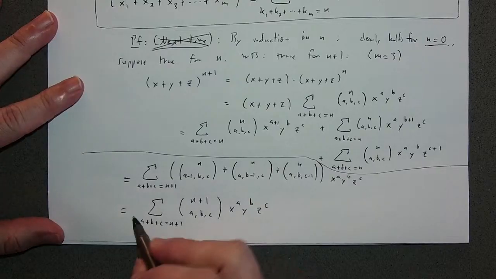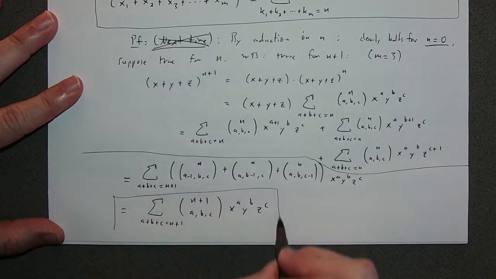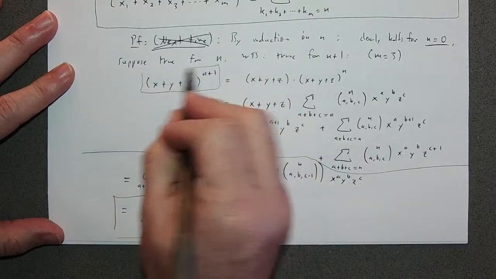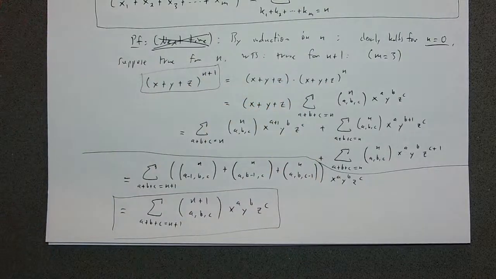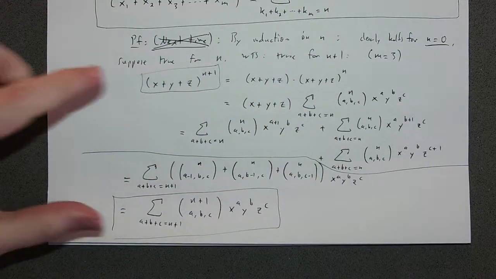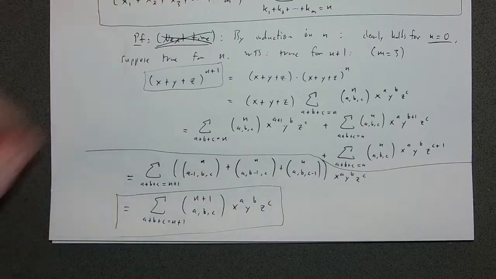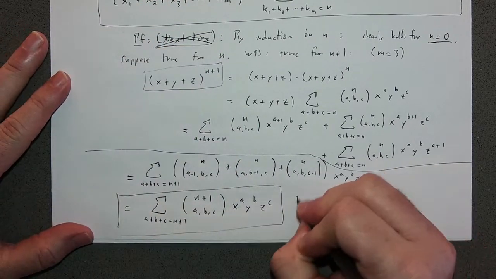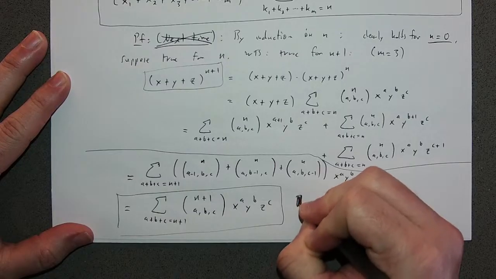So that we have shown, in the case that there are three terms here, in the trinomial case, equality of these two things, which is exactly the statement of the multinomial theorem in this trinomial case for n plus 1. So that finishes the induction.